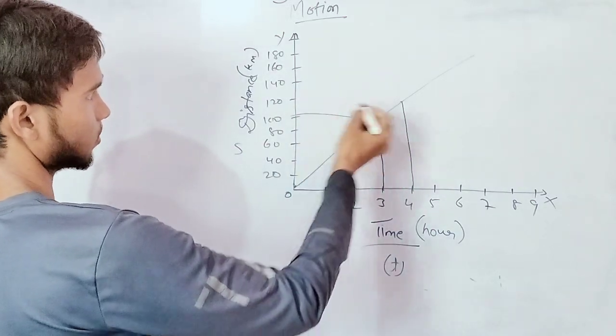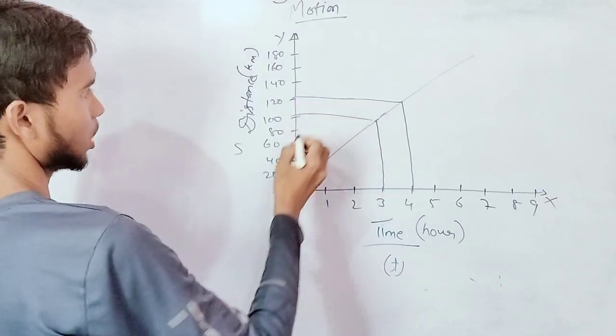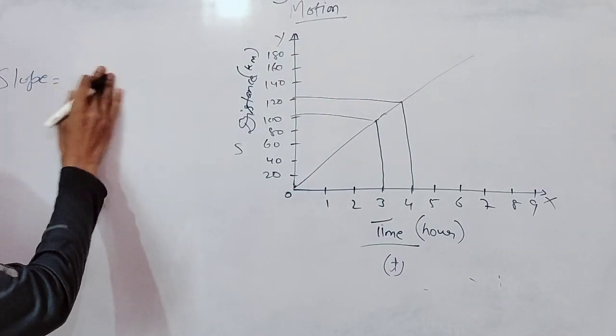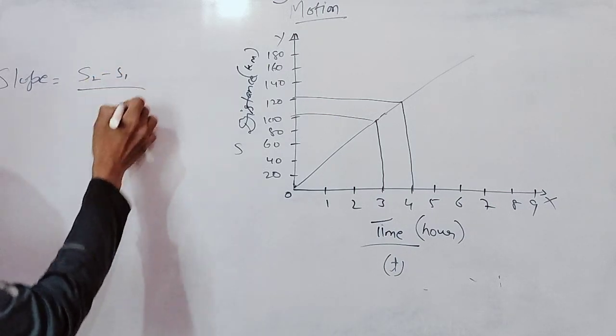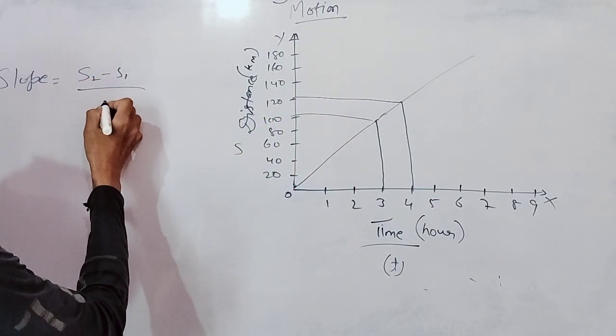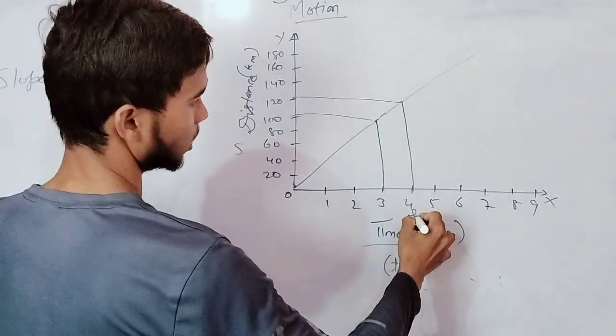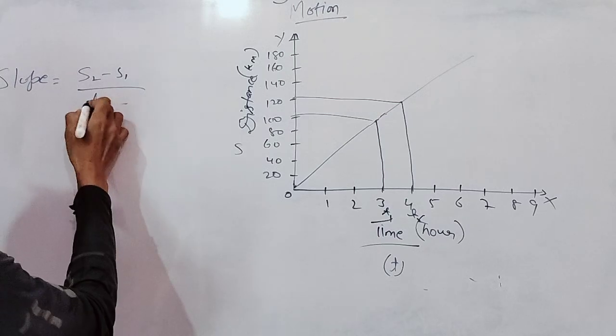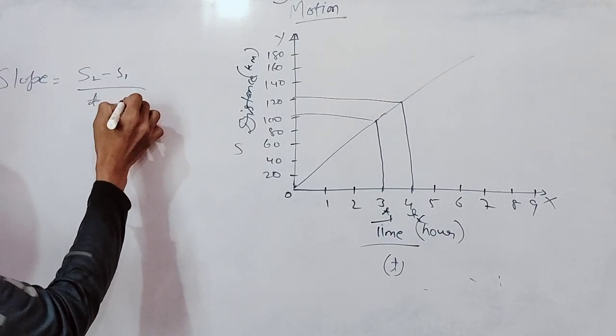Can we say s2 minus s1, upon t2 minus t1?